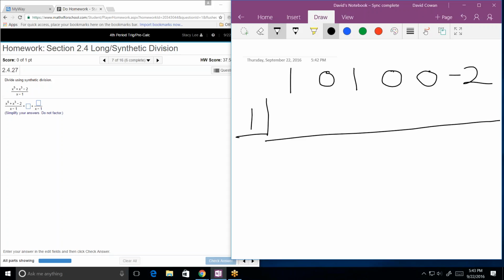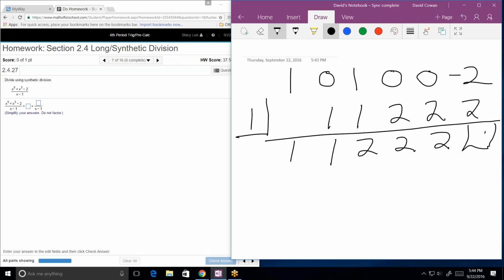Go ahead and do the synthetic division on your own. I'll do it. Make sure we get the same answer. So I got x to the 4th plus x to the 3rd plus x squared plus 2x plus 2. Wait, no, 2x squared. Yeah, my bottom numbers are 1, 1, 2, 2, 2, 0.